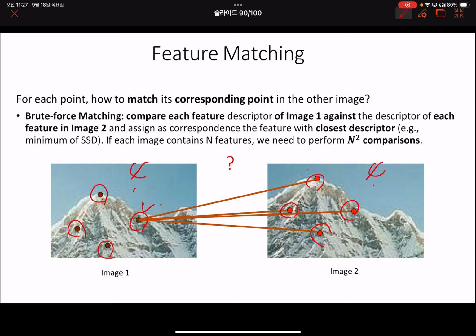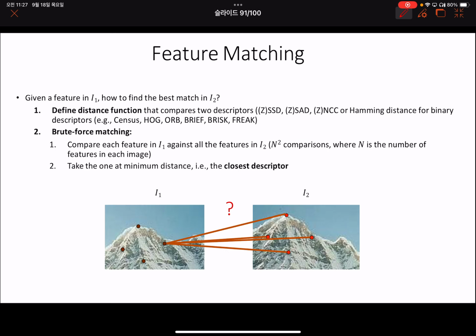The basic strategy is just using brute force matching. We have n times n, n squared comparisons. For the comparison, we can use SSD, sum of squared differences, to check whether these two detected points are the same point or not.